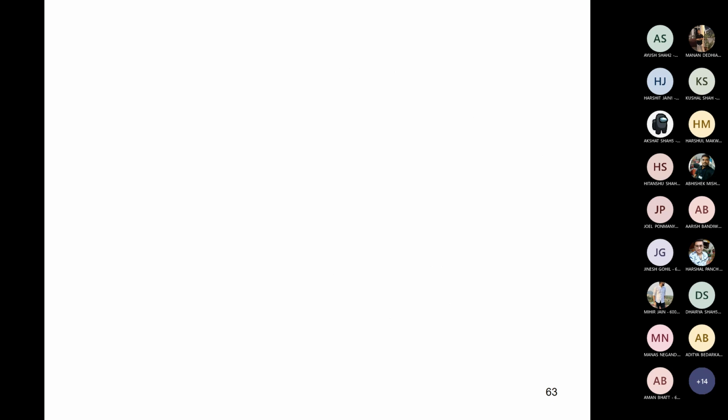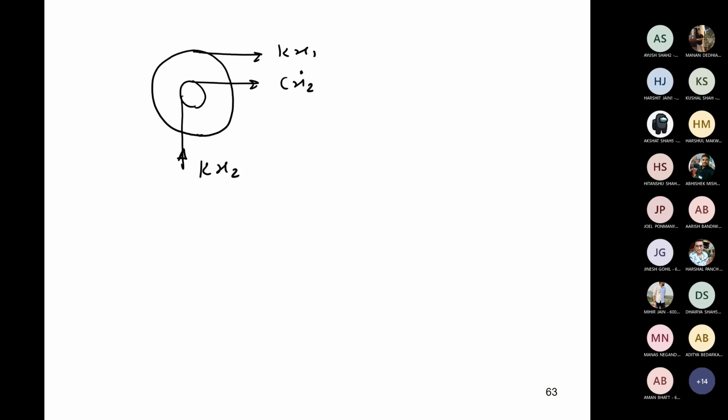Let's first establish the governing differential equation. Let's first draw the free body diagram of the pulley. The forces will be Kx1, and let this be x2. The velocity is x2 dot, damping force is Cx2 dot, and spring force is Kx2.